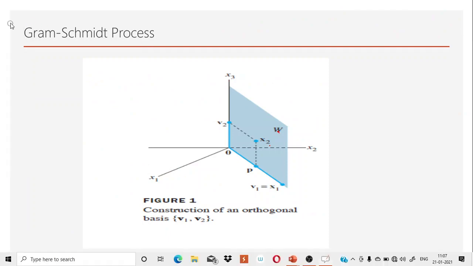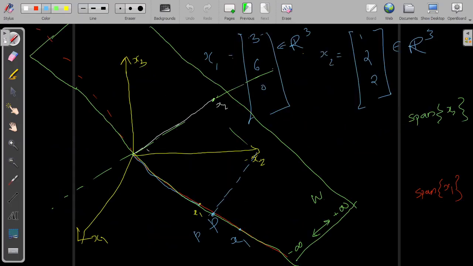This component of x2 which is orthogonal to x1 will look like this. That means we have the other component of x2, some vector will be like this.